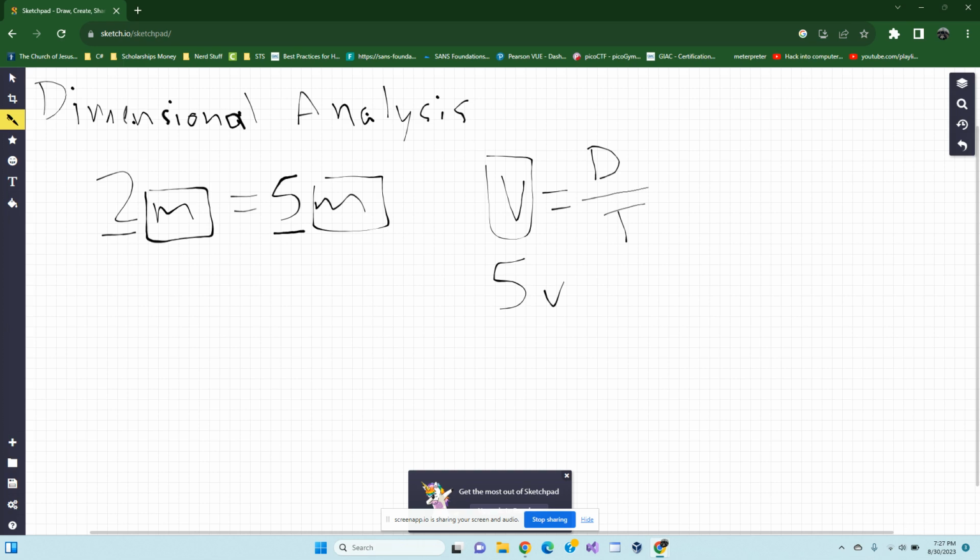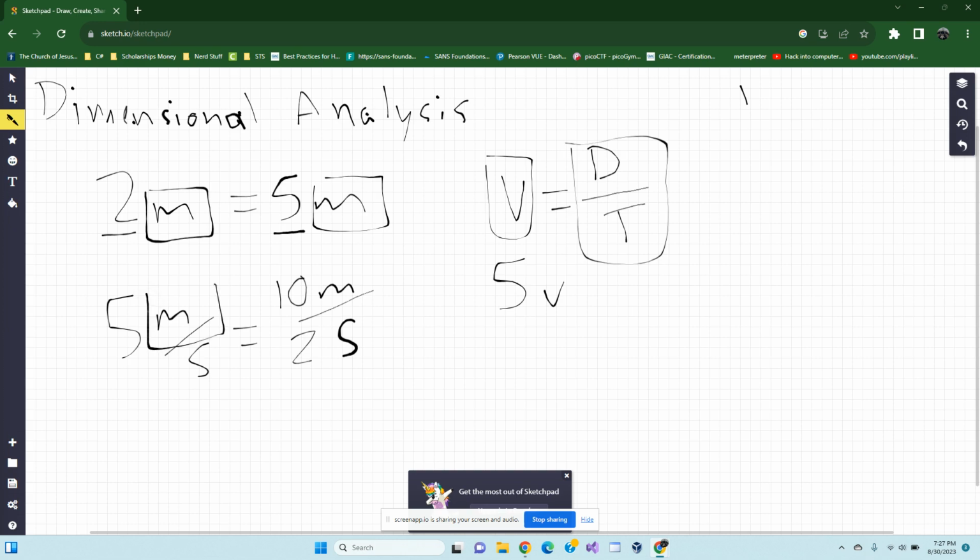Velocity actually equals distance over time. So if you have 5 meters per second equals 10 meters per 2 seconds, this is correct numerically and dimensionally. Why? Because we have meters and seconds and meters and seconds.